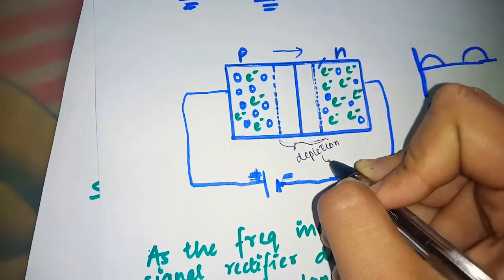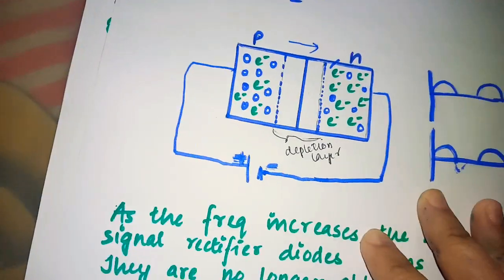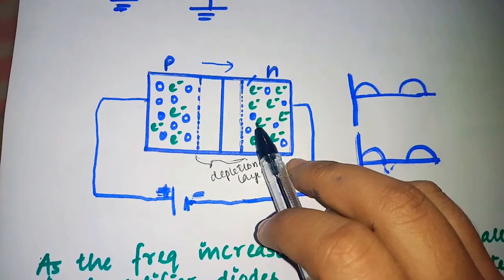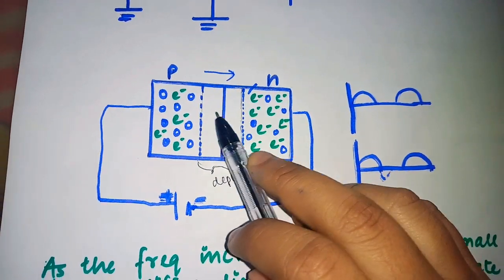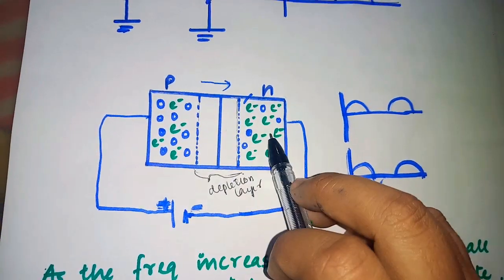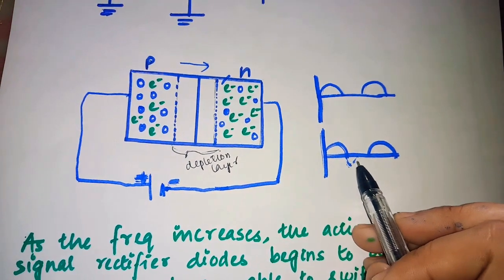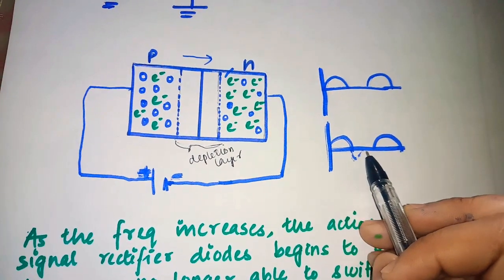Due to this depletion layer, there is some measurable current when electrons and holes move from one place to another. So due to this measurable current, this ripple takes place, or the negative part also appears.